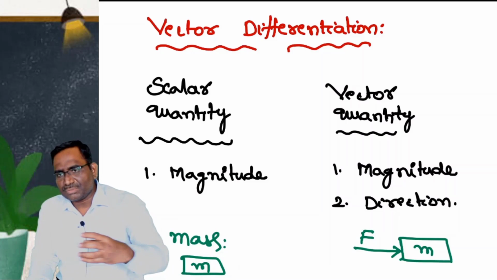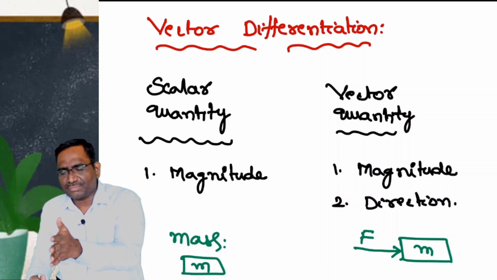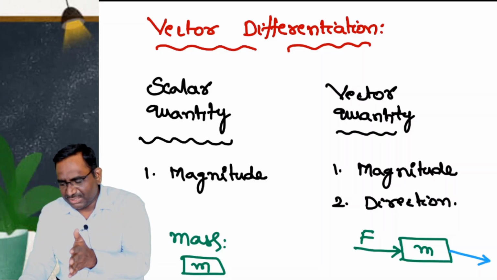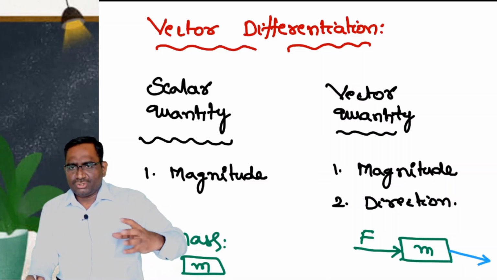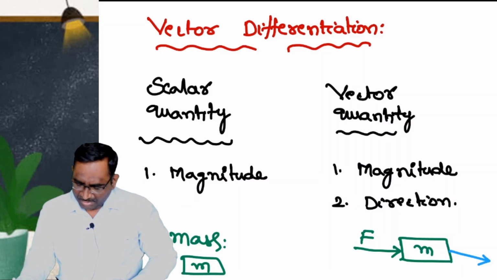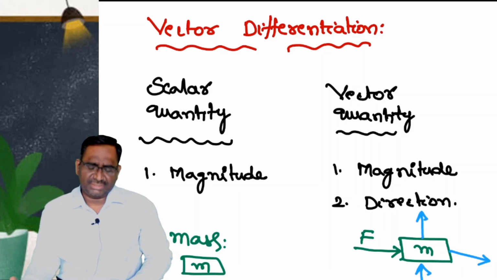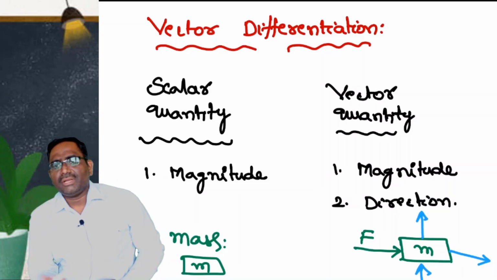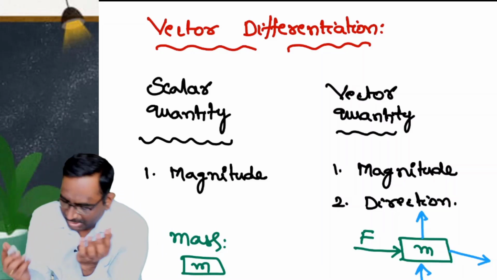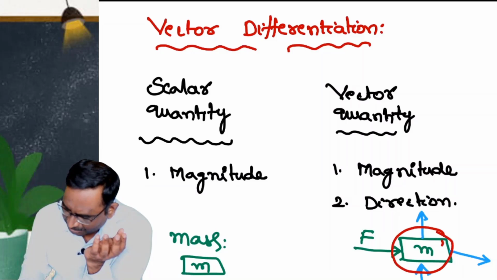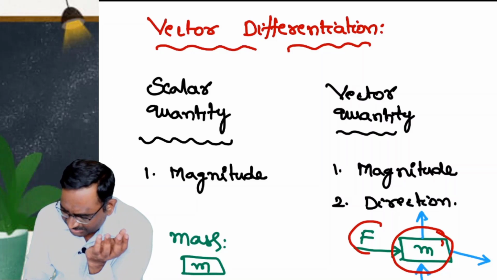If we apply the force from the left hand side, then the mass moves in this direction. So here, two quantities are involved: this represents the magnitude and this represents the direction.